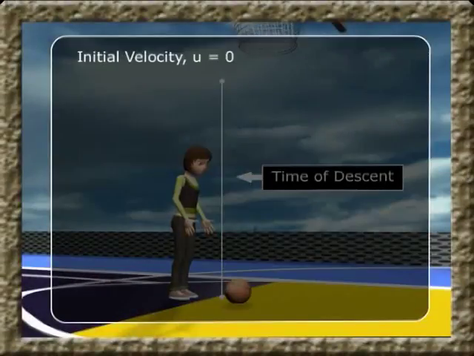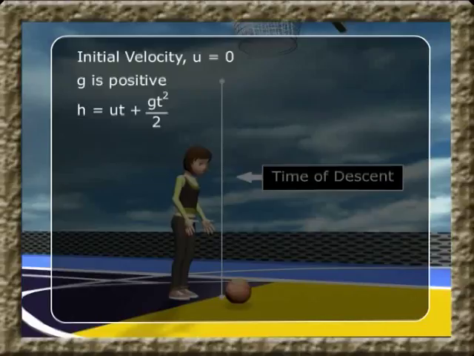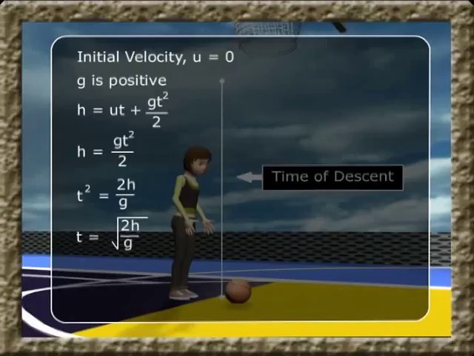Initial velocity u is equal to 0. g is positive. h is equal to ut plus gt square divided by 2. So h is equal to gt square divided by 2. t square is equal to 2h divided by g. t is equal to square root of 2h divided by g.